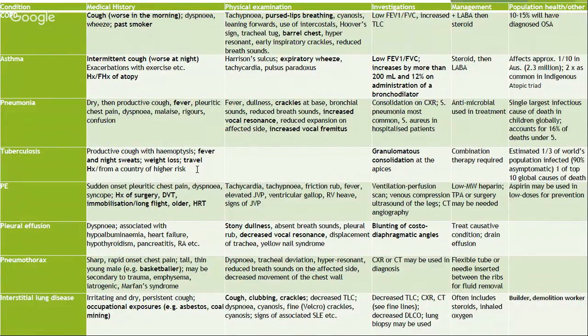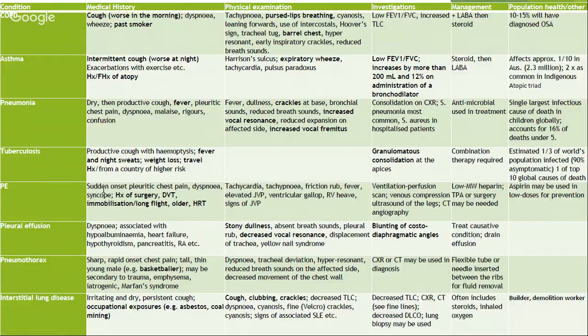Tuberculosis is associated with recent travel, weight loss, fever, and night sweats, and you're expecting granulomatous consolidation in the lungs. Tuberculosis tends to prefer the apices of the lungs as well, so it's more likely to occur there. Pulmonary embolism will then likely present with sudden onset chest pain.